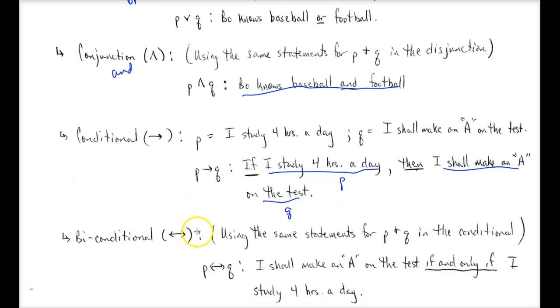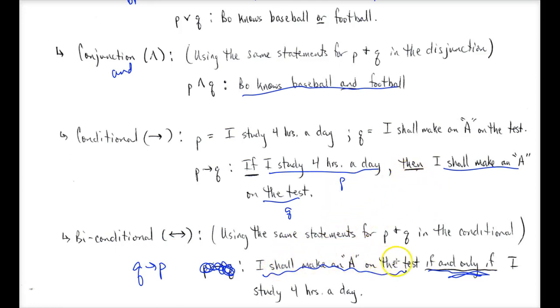And of course, the biconditional statement is reworded. And notice how we have the if and only if in between. So we say, I shall make an A on the test. And actually, this should be the other way. So let me split this. This should actually be if Q then P, based upon how I have it set up here.